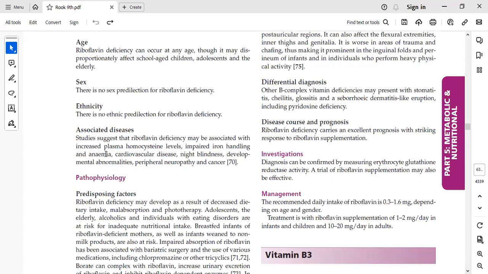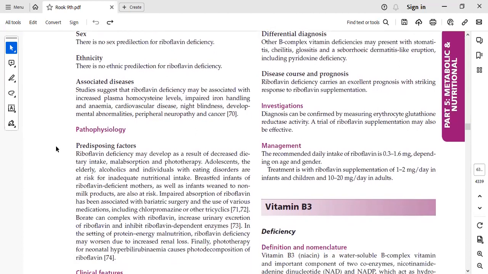Why are there increased plasma homocysteine levels? Because riboflavin has a role in the conversion of homocysteine to methionine. When there is decreased riboflavin, there is accumulation of homocysteine in the serum. That's why this causes homocystinuria.